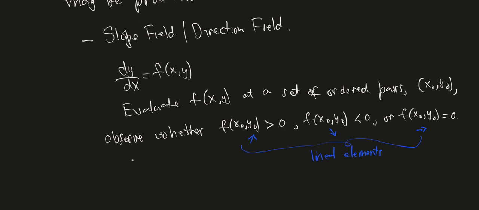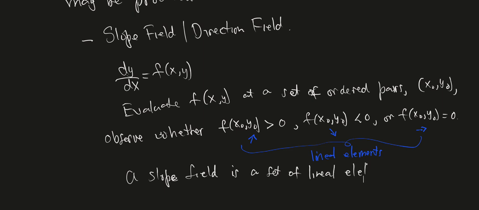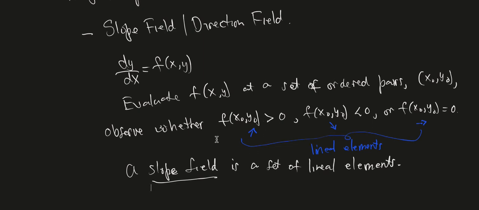Right? So a slope field is a set of these lineal elements. And again, it allows us to paint a picture of what the solution does, right? So lineal elements. And that's our slope field. It gives us a visual of what it does, right?